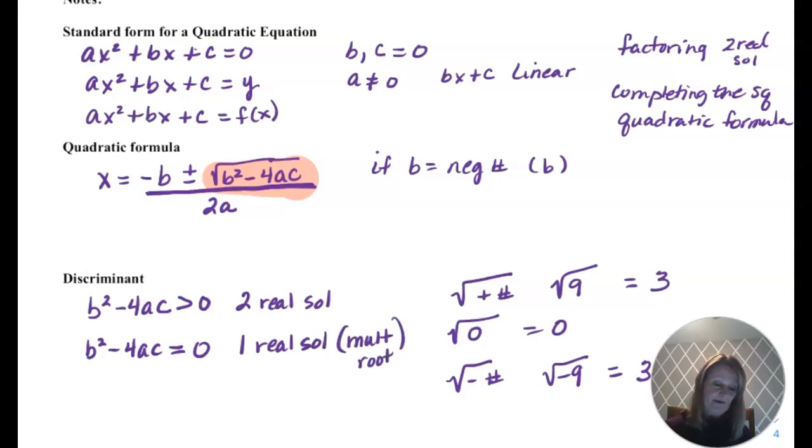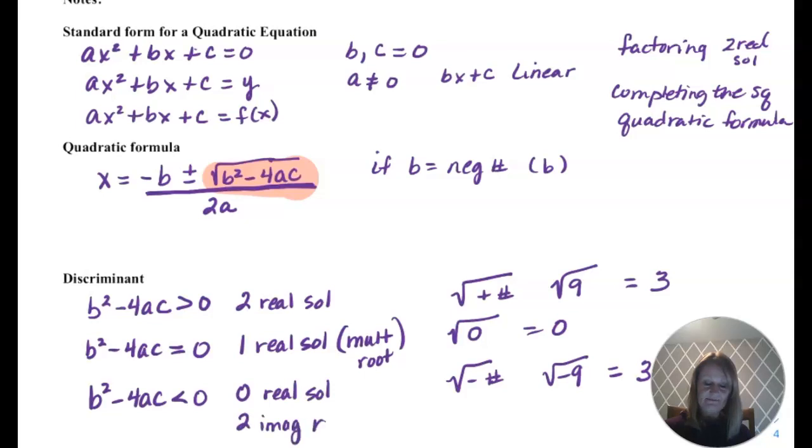And if b squared minus 4ac is less than 0, then we have 0 real solutions, and that's where we get our 2 imaginary roots. What that means in terms of graphing is our graph is not going to cross the x-axis.